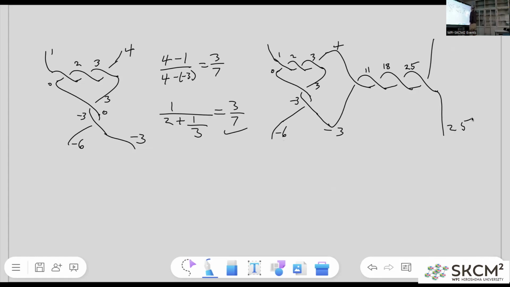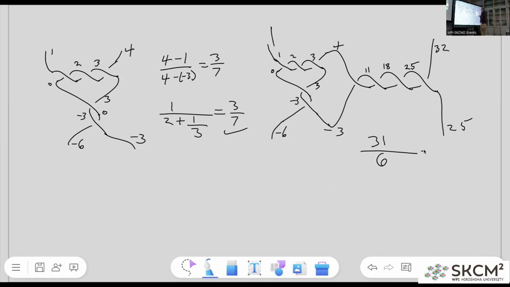And 2 times 25 is 50, minus 18 is 40, minus 8 is 32. So this is a 1. So I'm getting 31 divided by 6.